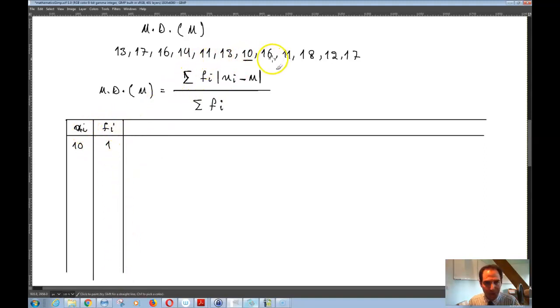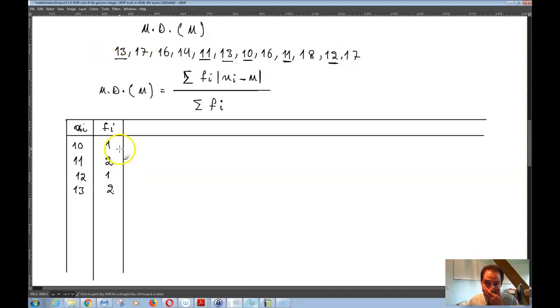You have 11 which occurs twice. You have a 13 that occurs 2 times. But then you have 12 as well that occurs 1 time.